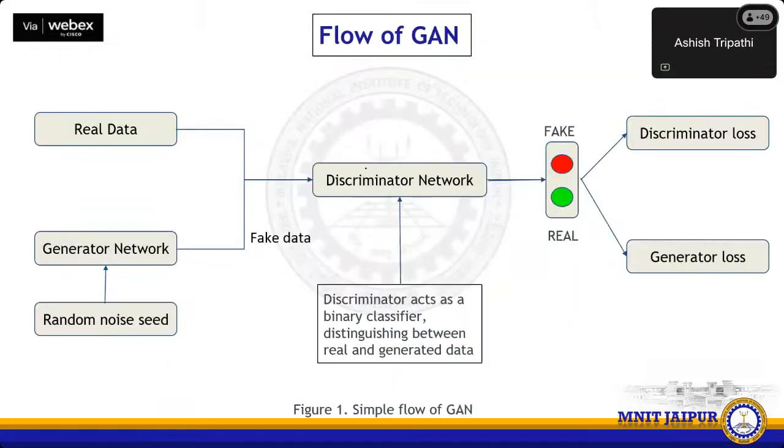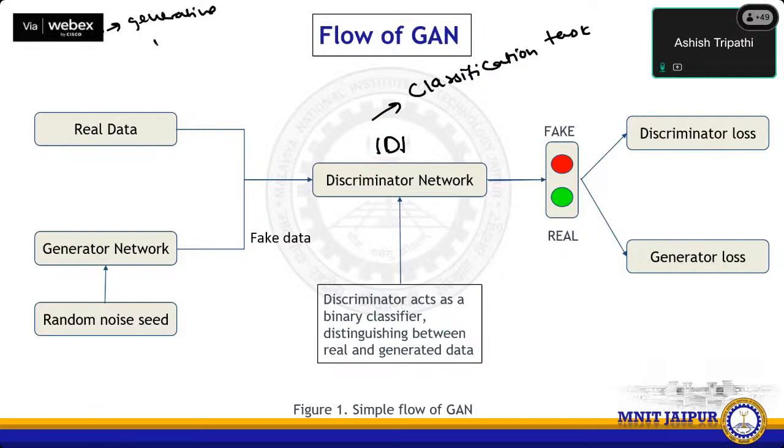And coming to the discriminator network, called D. How does D work? D is a network which performs a classification task. So G is a generative model, whereas D is a classifier. What classification does it perform? It takes input from two sources.